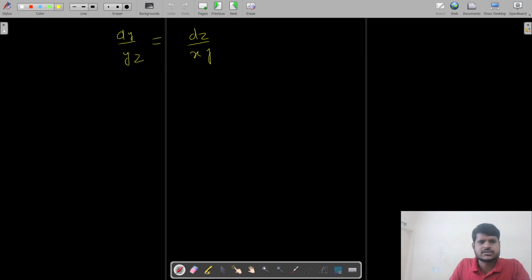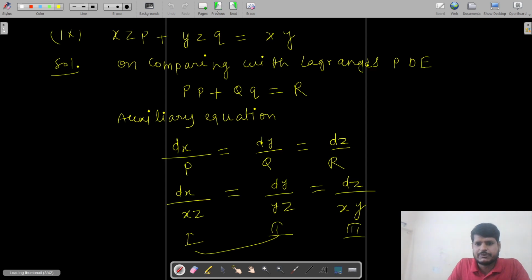In this case, y and y will cancel. So we have dy upon z equal to dz upon x. Now there is a problem, because we can adjust z to dz, but this x is disturbing us, right? So now we will use equation 1 from the previous slide.